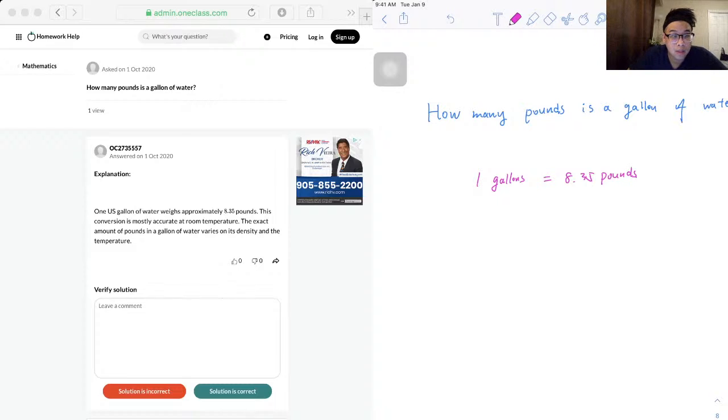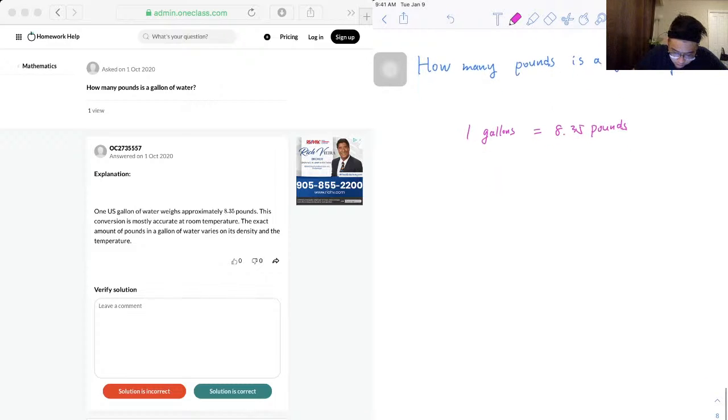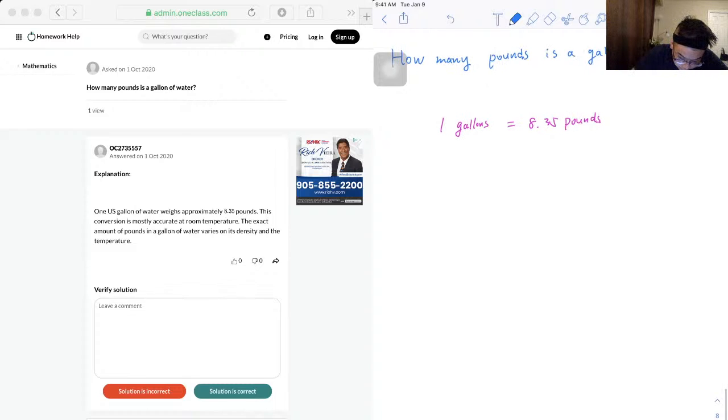And this conversion is mostly accurate at room temperature. The exact amount of pounds in a gallon of water varies with density and temperature. There are other factors.